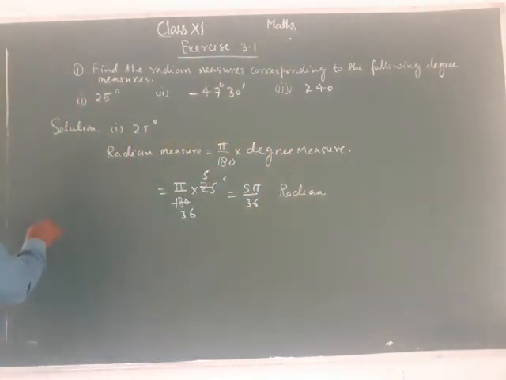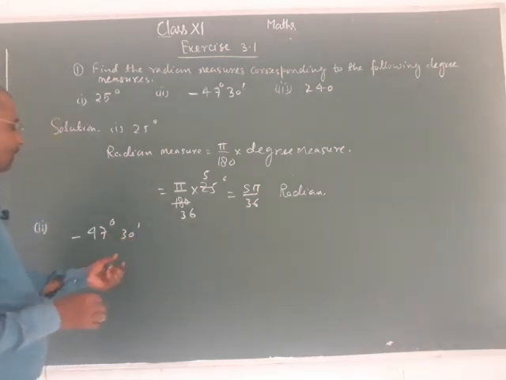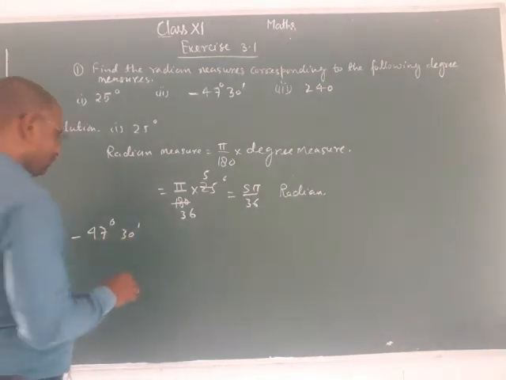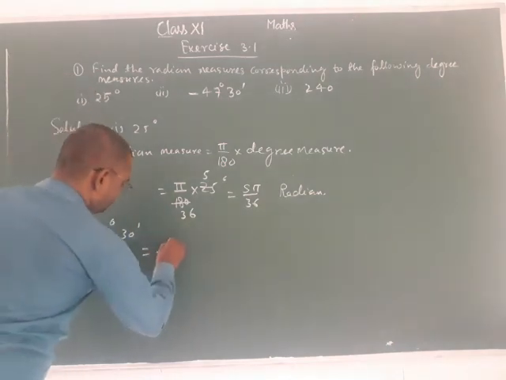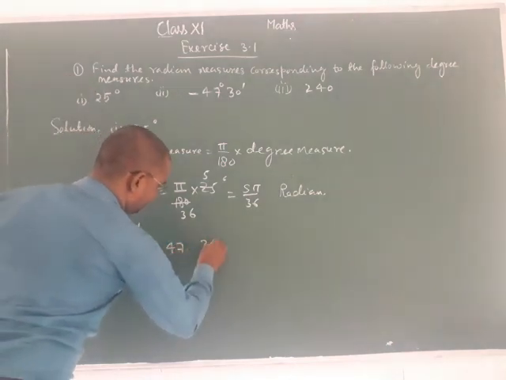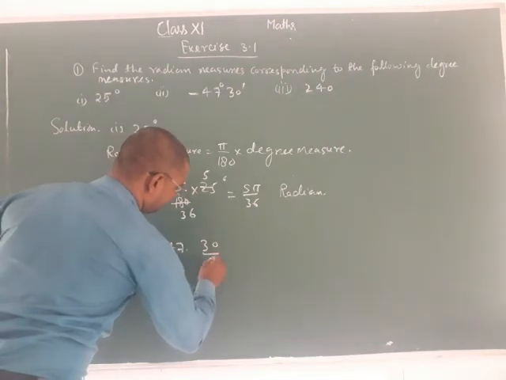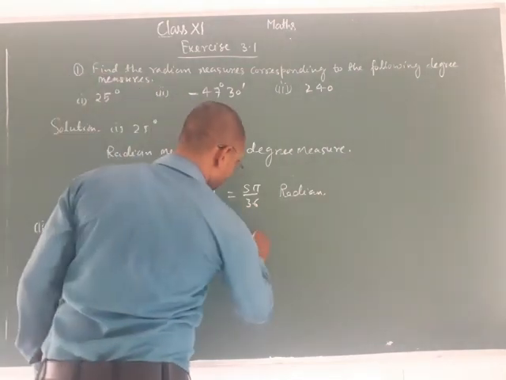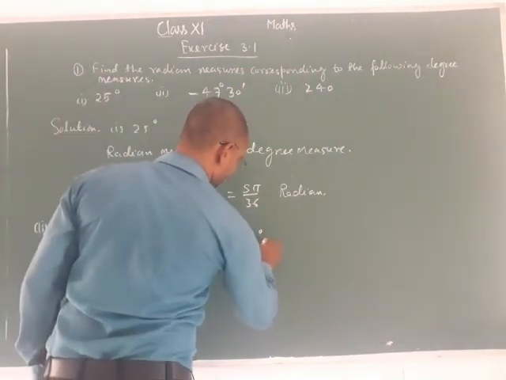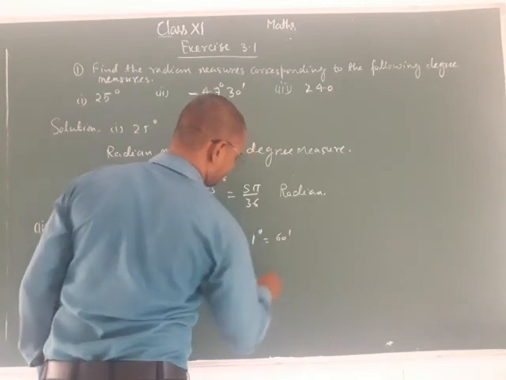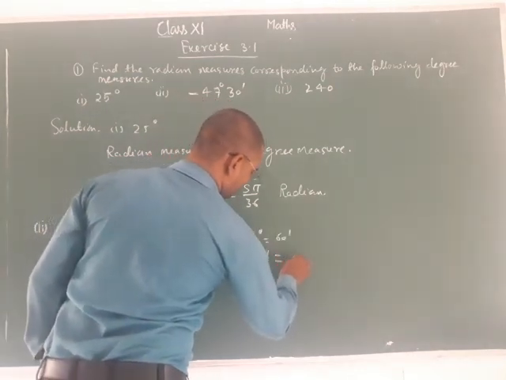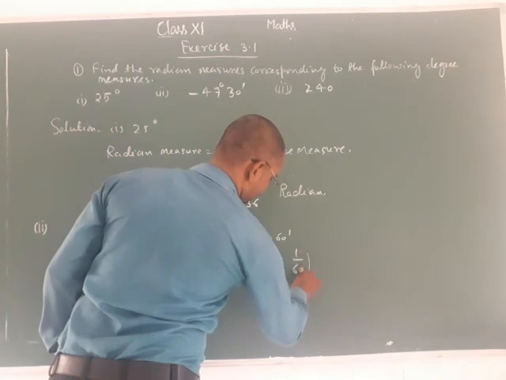And also question number 1, part 2: minus 47 degree and 30 minute, change into degree. So it is minus 47 and 30 upon 60. 1 degree is equal to 60 minute, so 1 minute is equal to 1 upon 60 degree.